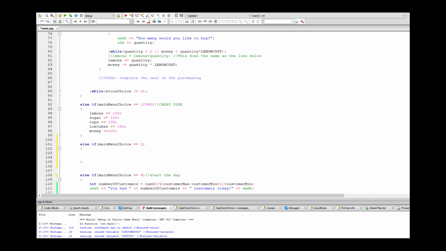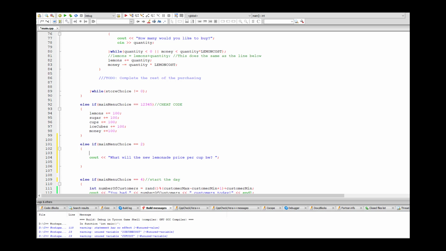We will say cout, What will the new lemonade price per cup be? All right. Now, we got to be careful because the user could actually abuse this and set it to be negative or set it to be extremely high.